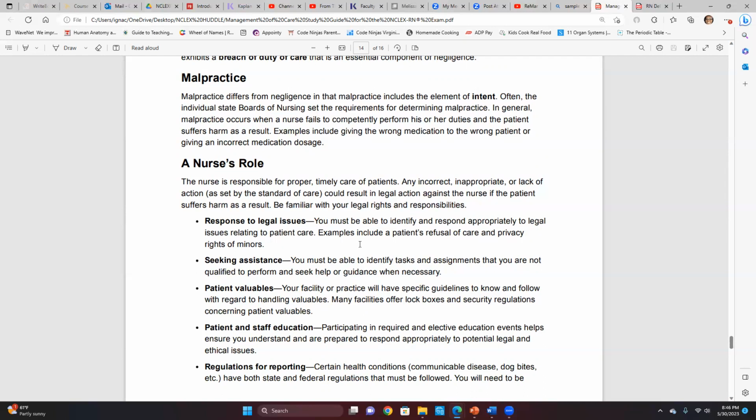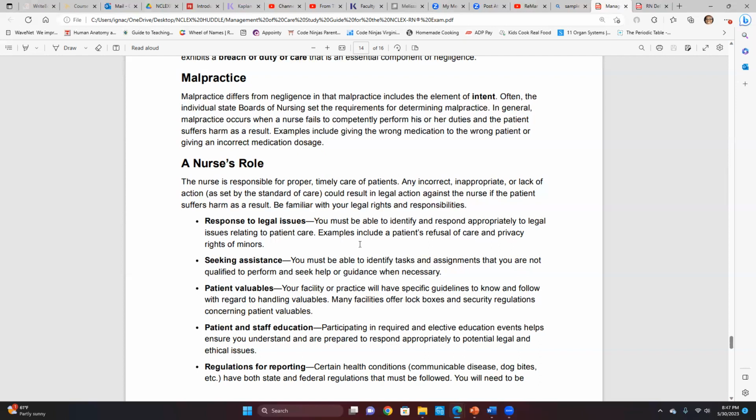I think the care was not competent: something that a wise, prudent nurse of the same education, background, and experience wouldn't do. Okay. And there has to be intent for malpractice because malpractice is a more serious form of negligence.